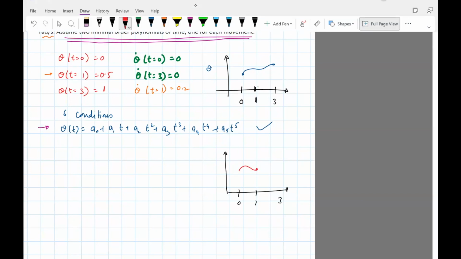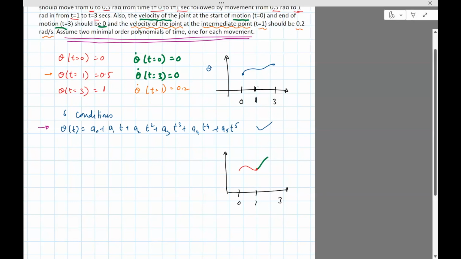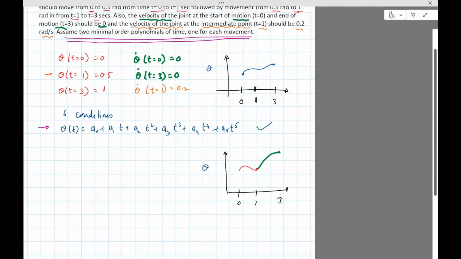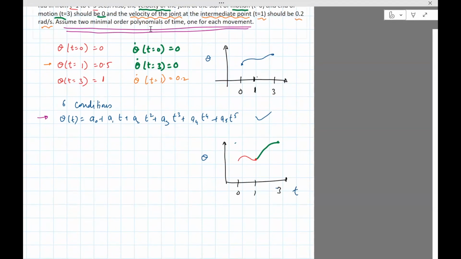This should be one polynomial, and then there should be another polynomial. So we can call this theta 1, this is theta 2, and they are valid on their own domains, but in general, they would explain theta as a function of time such that it satisfies those 6 conditions.